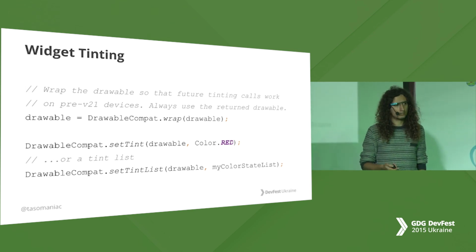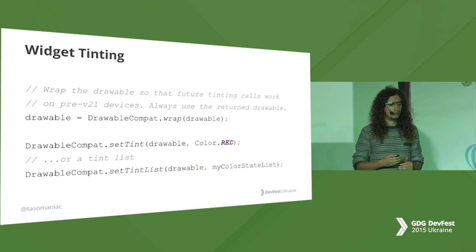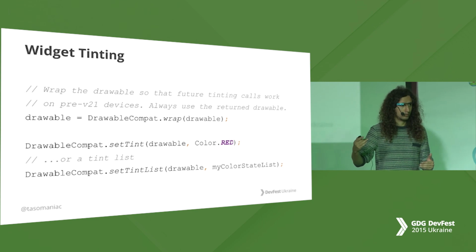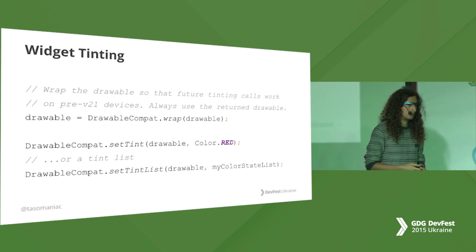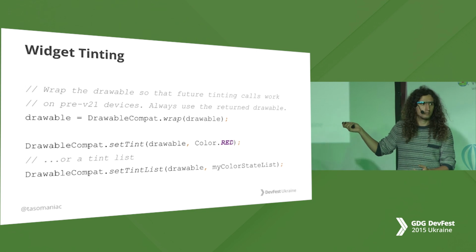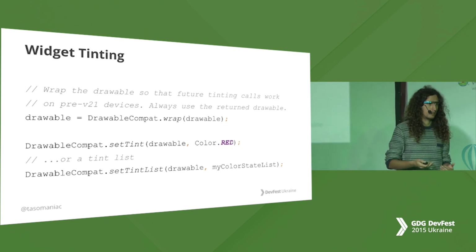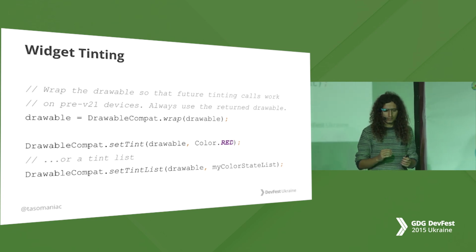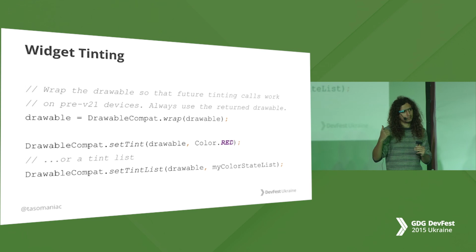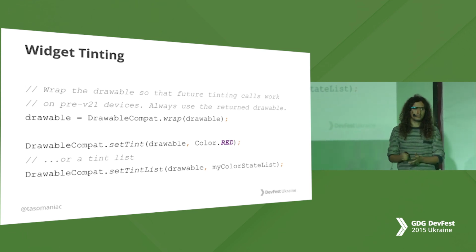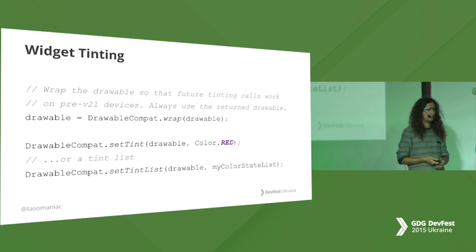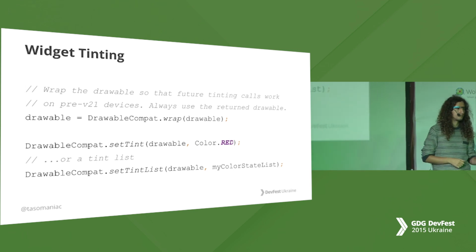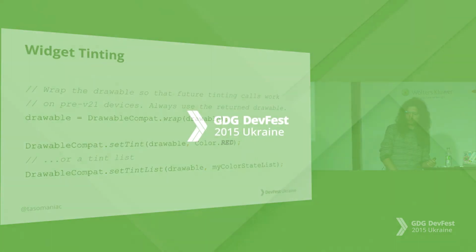With data binding, you can bind your Java code and the XML code. You will have this Java code in some place in your Java code, but you can bind it to your XML, so your XML will automatically call this and have a tint color. Thank you.